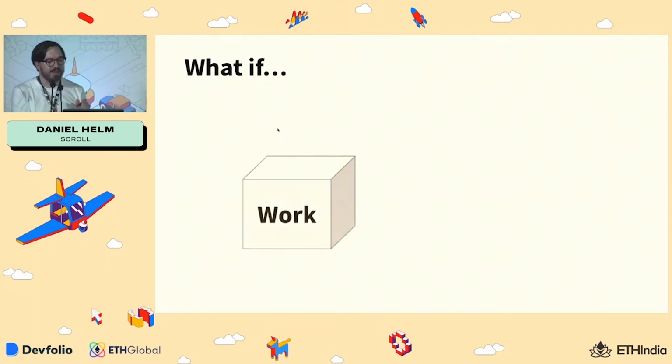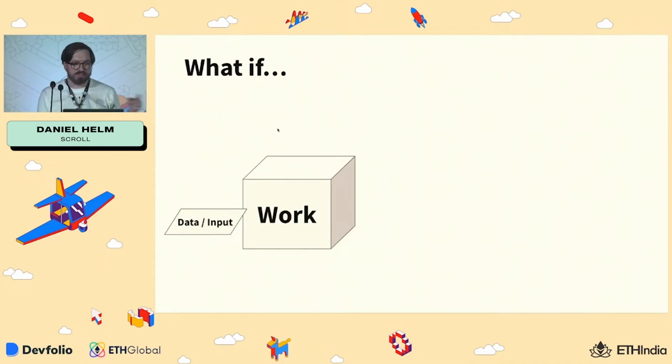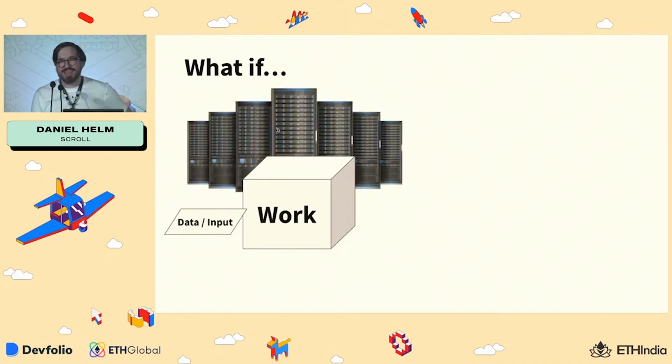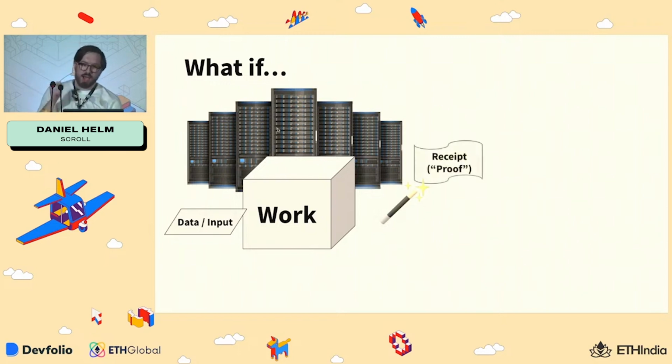Here we go. Let's do another thought experiment. We've got a lot of work. We've got some input or data that we're going to put into this work. And it is a lot of work. It takes a whole host of supercomputers that we don't really trust to do this work, and it takes days, right? Now we can imagine we have a magic wand, and out of that work, we can have a receipt for the work, right?